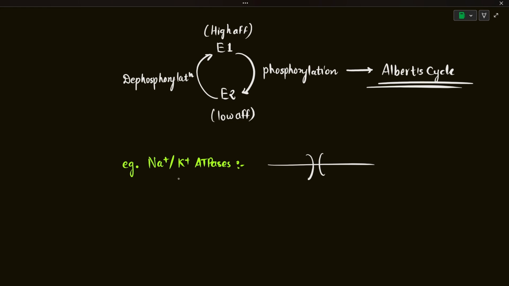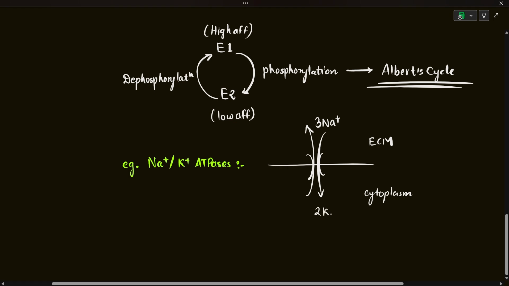The sodium potassium ATPase pump does the efflux of three sodium ions. So let's say that this is extracellular matrix and this is cytoplasm. It does the efflux of three sodium ions and it takes in two potassium ions. So this maintains the concentration gradient across the plasma membrane.